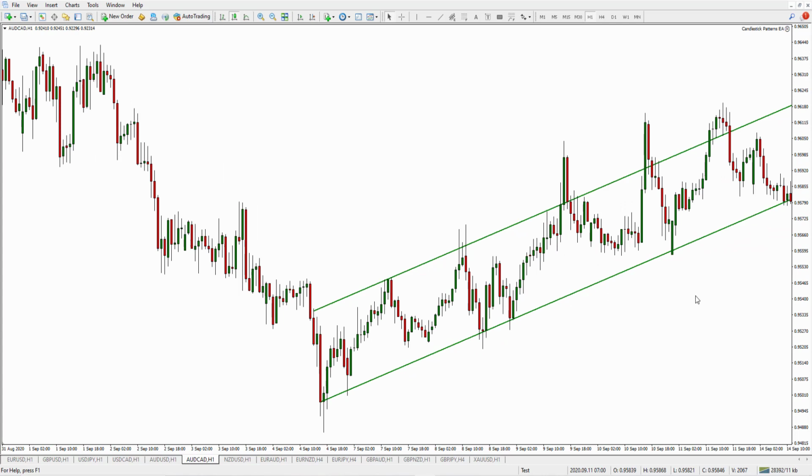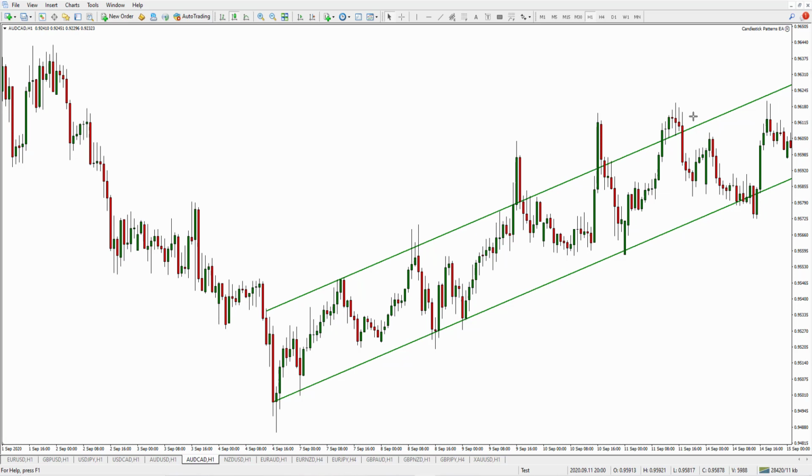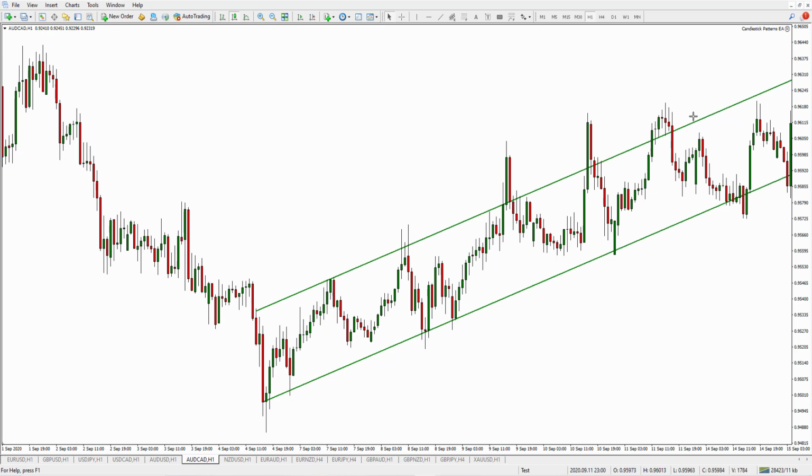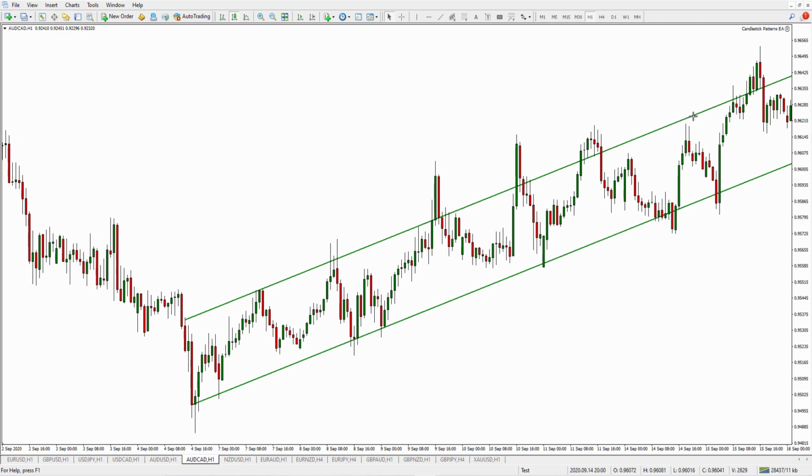Okay, and when you're looking for target levels, again, you could use the resistance trend line up here, or you can use support and resistance levels, basically key levels, which I'm not going to pay attention to now, since we don't want this video to become an hour and a half long, right?